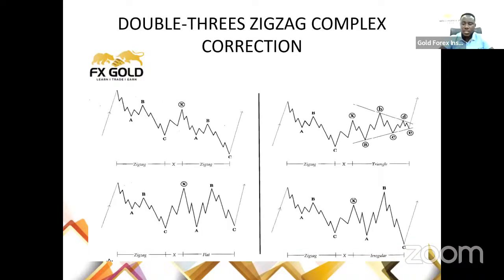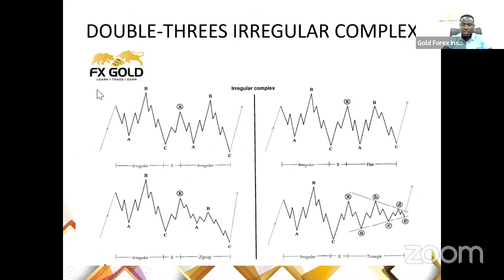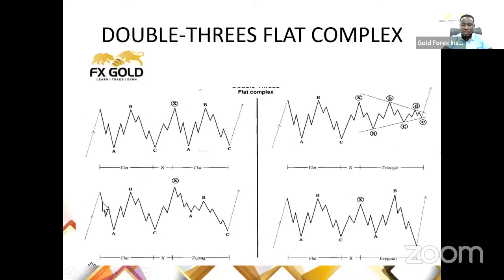You can see complex corrections. Let me see whether I can get the irregular. Look at this. The flat ABC X. You see what I was telling you? ABC X, then they move down. This is what we saw as ABC, the X, and then move down.